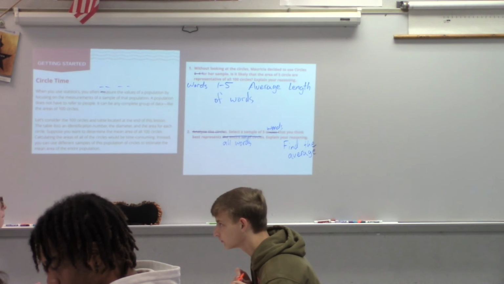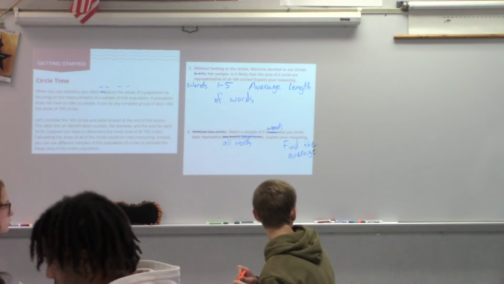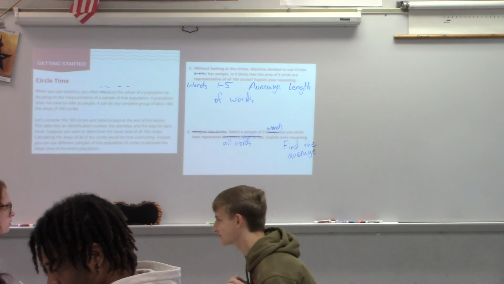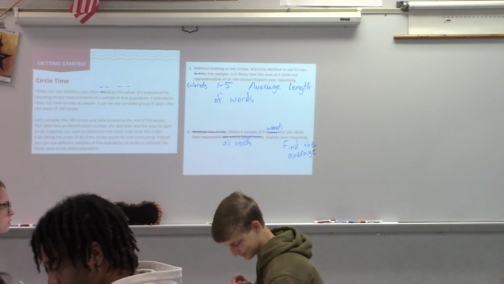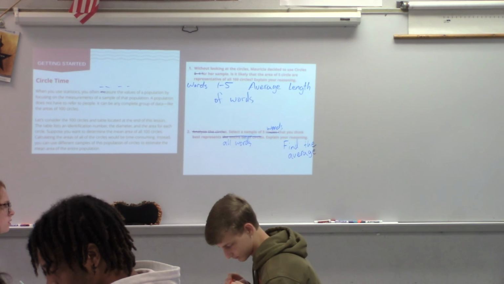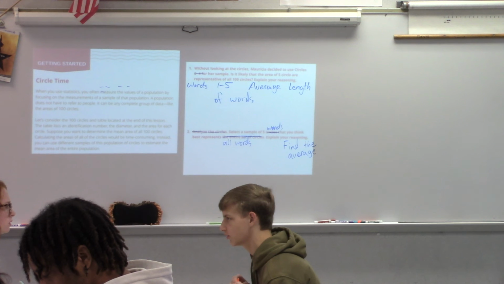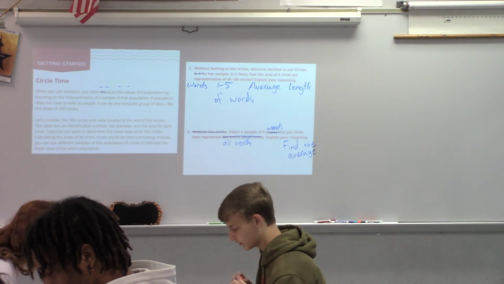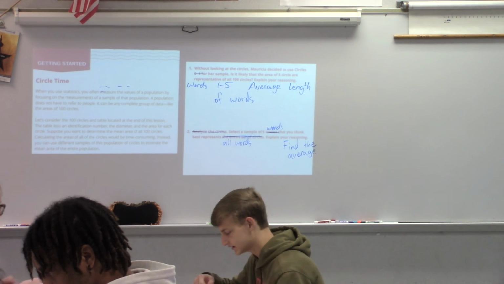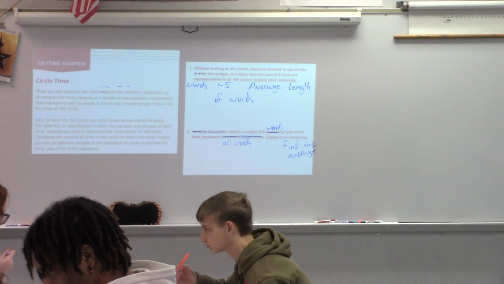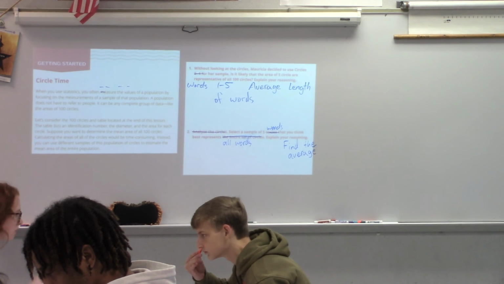So are we using a different set of 5 words? For the second question, you select 5 words that you think would represent all the words, and then you average the number of letters in those words. Are we highlighting them or writing under? You can do either. So select 5 words, identify how many letters are in each word, and average the number of letters.